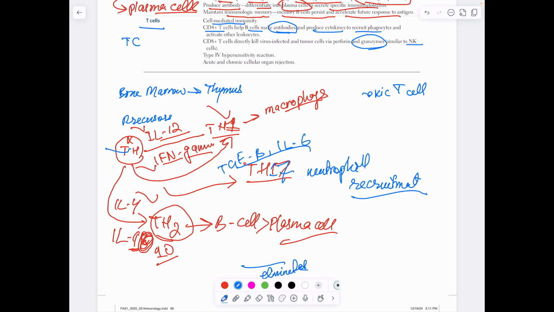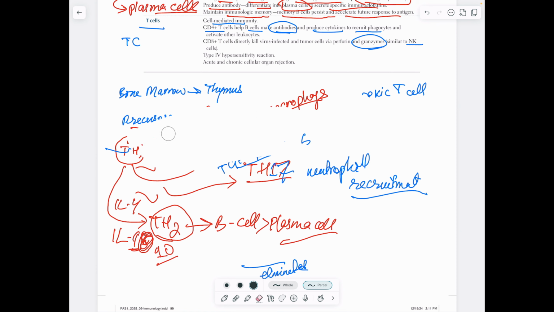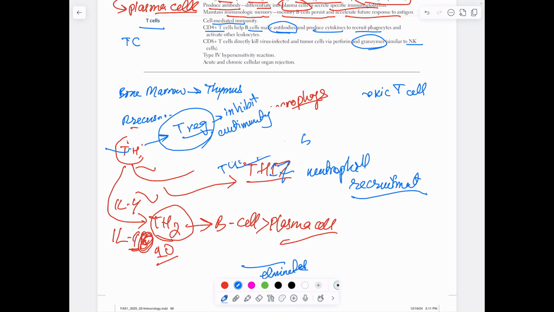And also, one more T cell is there, that is called T regulatory cells. It inhibits the autoimmune reactions. What it has to do is keep a check and balance on all the T cells.